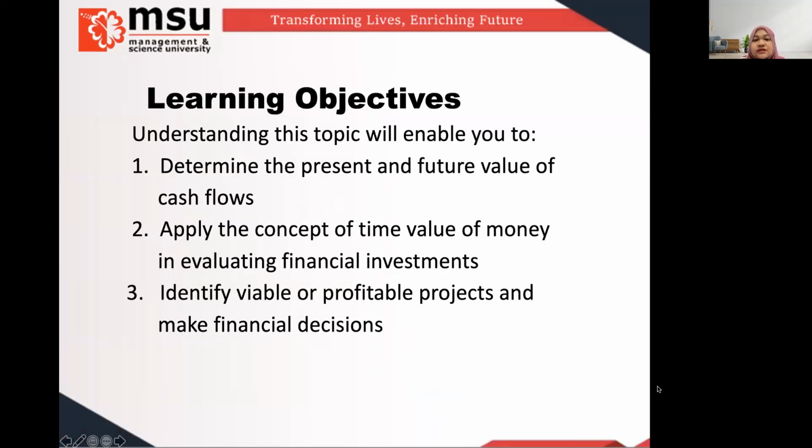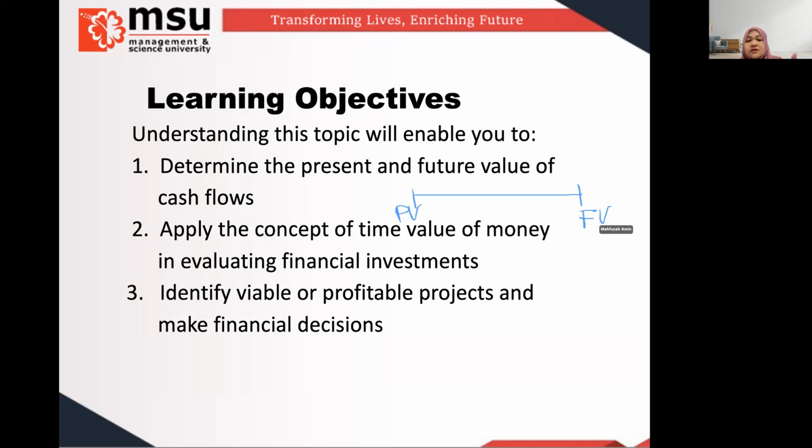The learning objective of this topic is that the student is expected to be able to determine the present value and future value of a cash flow. Present value will be the value of today, and future value will be the value for tomorrow.